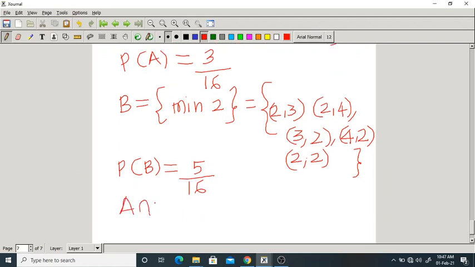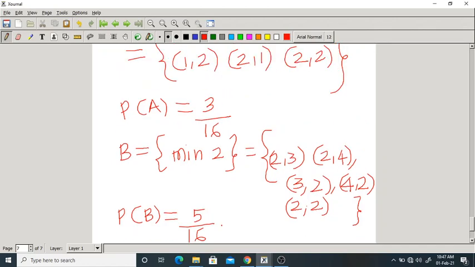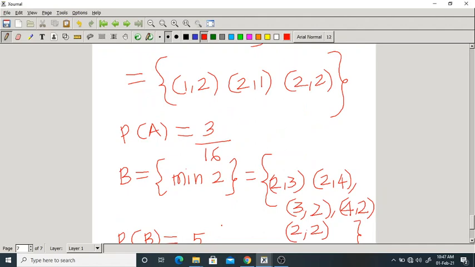Now here itself I am asking you, A intersection B. How many are there? You check. How many are in common? Here 2 2, and here also it is there, 2 2.